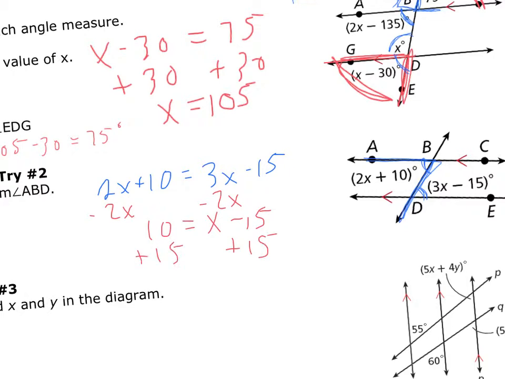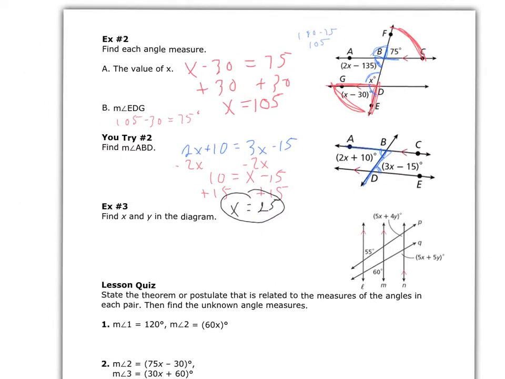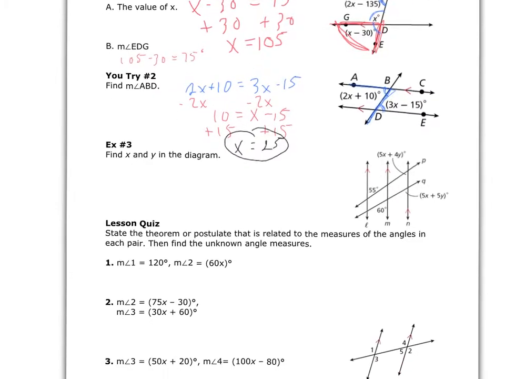So our final solution would be x equals 25. Okay, so you have to know those four terms to be able to set up our different equations here. Okay, so last example, and then we'll be done.